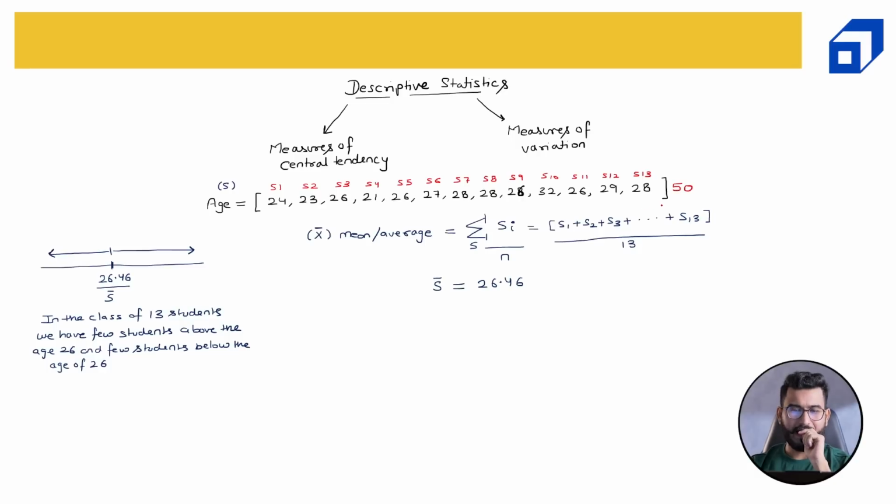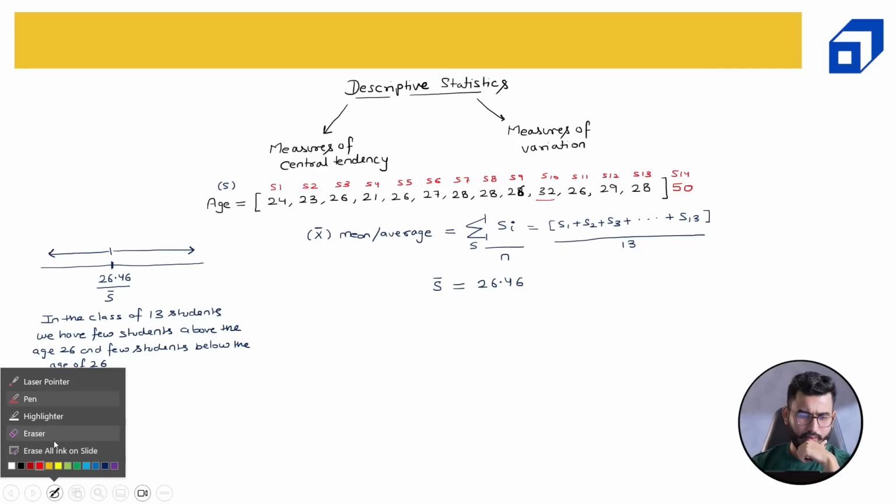So I've intentionally added a student whose ID is 14, and the age of this student is 40. And even if you look into this particular data, which is having 13 students, you can see that almost all the students are having age in 20s, which is 21, 22, 23, 24, till 29 we have a lot of observations, but there is one student whose age is 32, right? Now these observations are basically known as outliers.